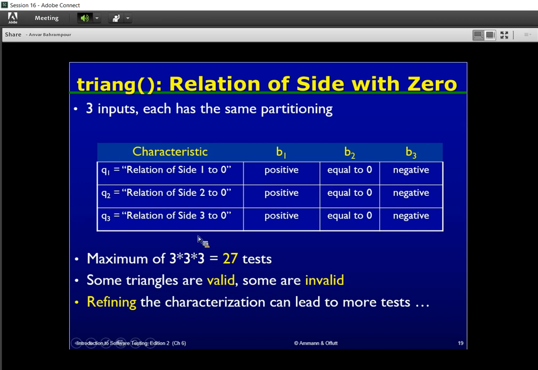Altogether the maximum number of blocks is equal to 27, so we could test this method with 27 different tests.